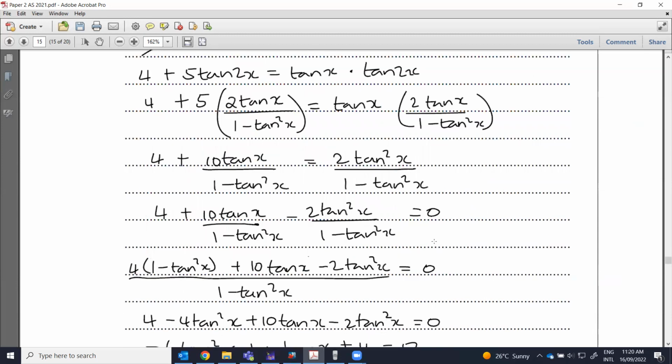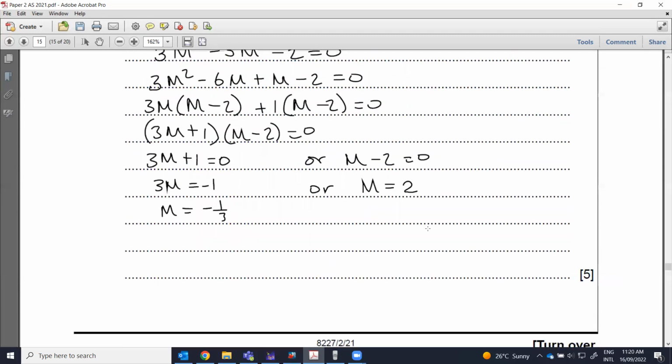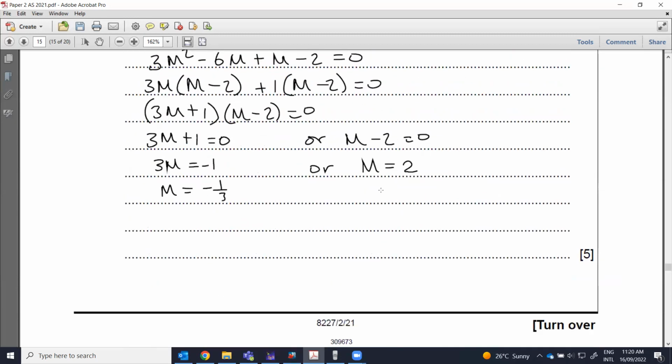Because we're dealing with degrees, our calculator must be in degree mode again. Remember what m was. M was tan x. So tan x is equal to minus 1 over 3, and here, tan x is equal to 2.